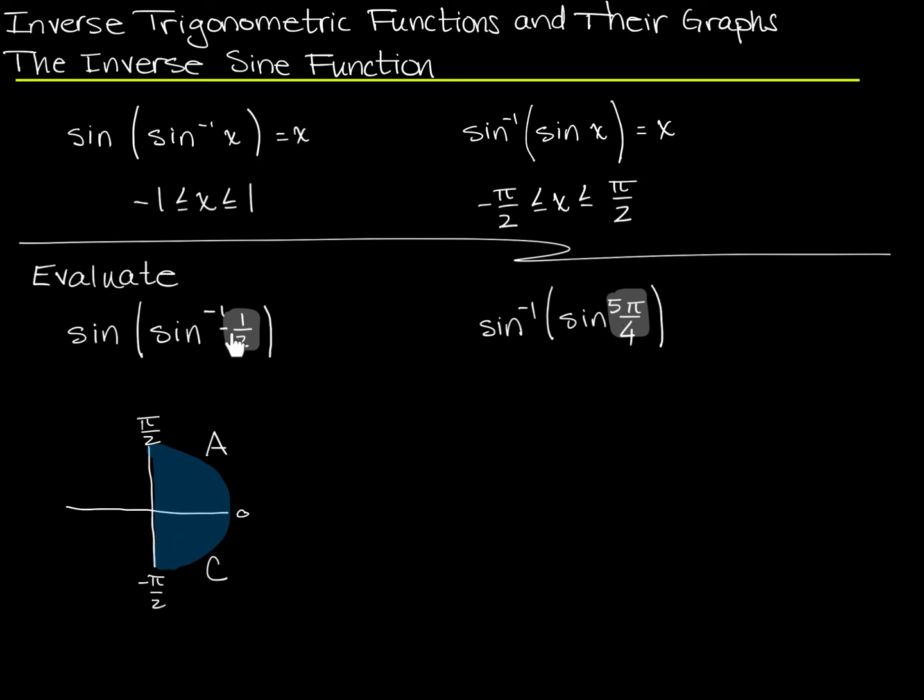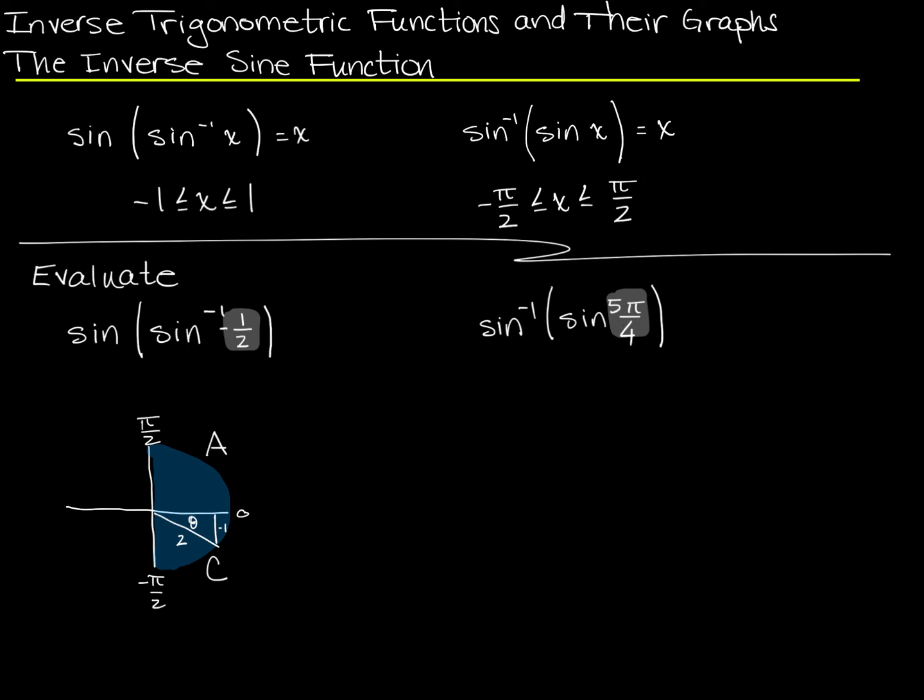And so I want my sine to be negative. -1/2 is the sine of some angle. That's what this inverse means. Since it's negative, that angle must be in quadrant 4. So what angle has a reference angle in quadrant 4 so that opposite over hypotenuse is a half? This is actually -1 here, right?